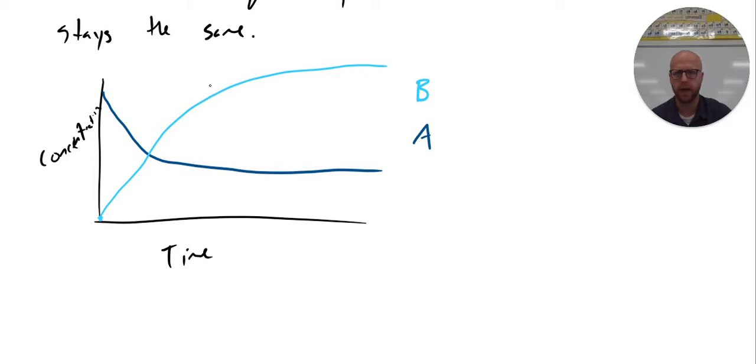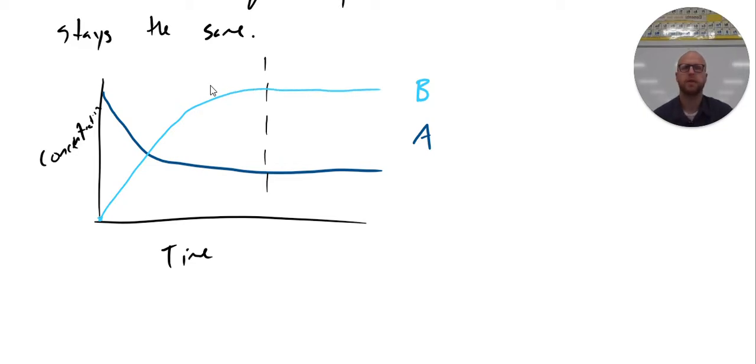Okay, this point right here is where we see the plateauing of our concentrations. We see that plateau, where our concentrations aren't changing anymore. At this point, we've reached equilibrium.